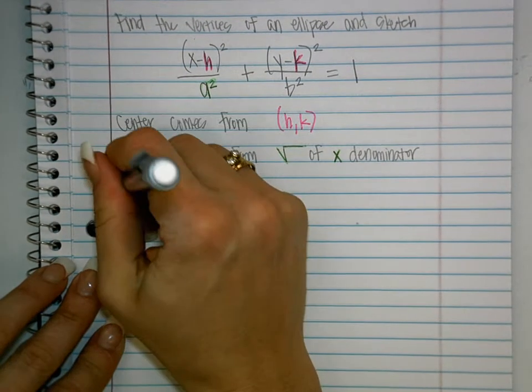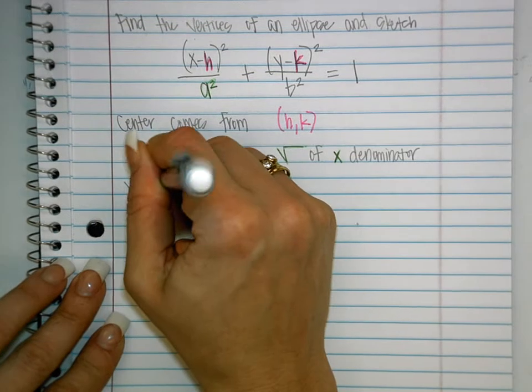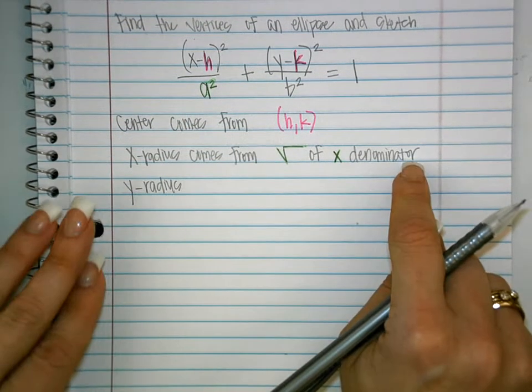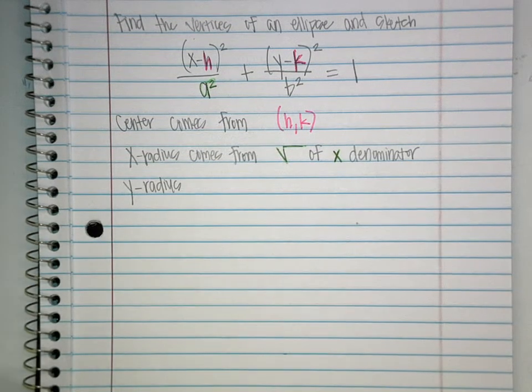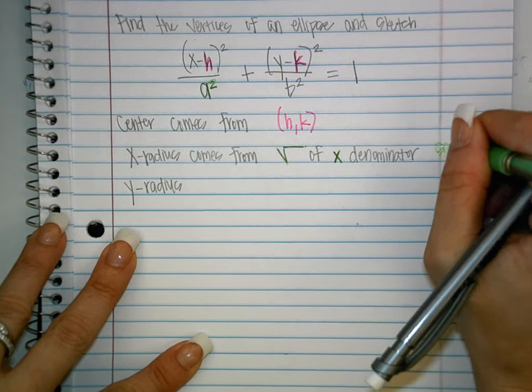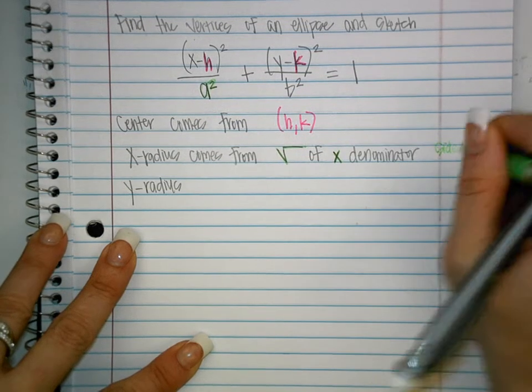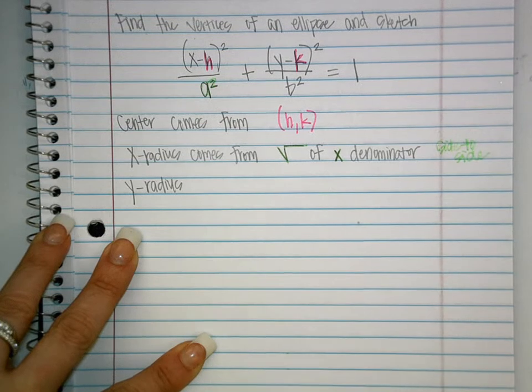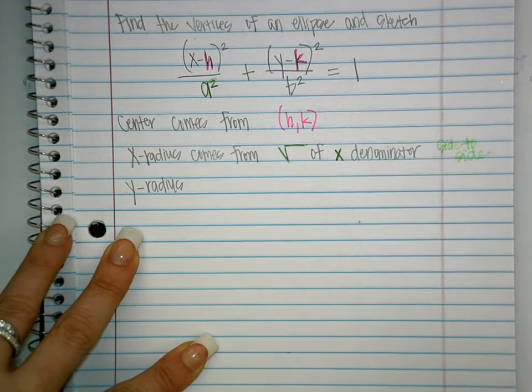When we go over the x radius, which way is this going to tell you? Would the x radius tell you how far you move side to side or up and down? X-axis is side to side. Okay, side to side. So basically how far you're moving left and right.